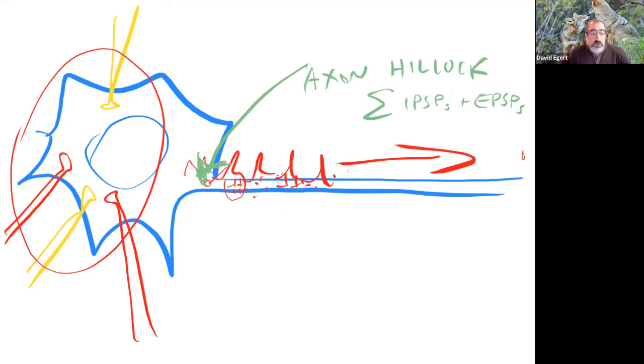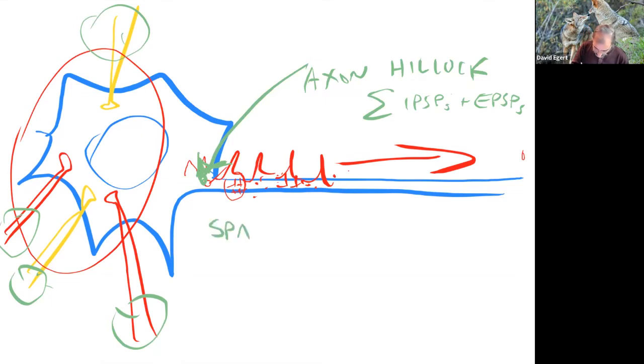So there are two ways that these axons, these other neurons coming in to talk to this neuron, can work together to have more of an effect than they might on their own. So let's talk about spatial summation and temporal summation.